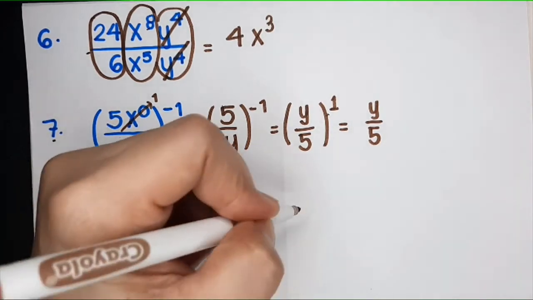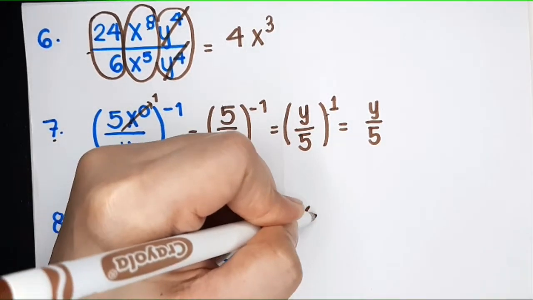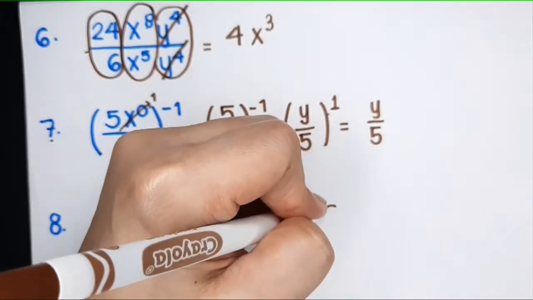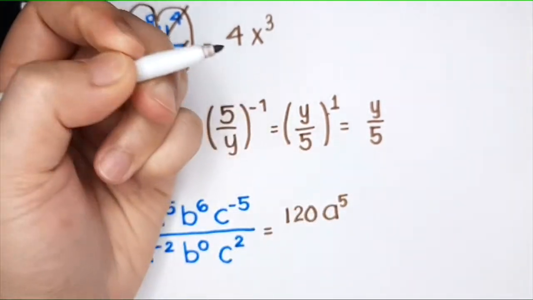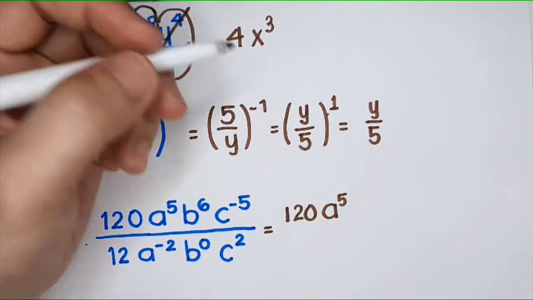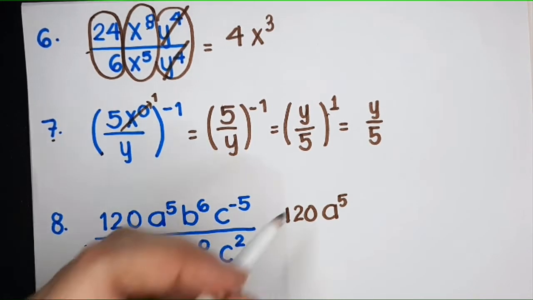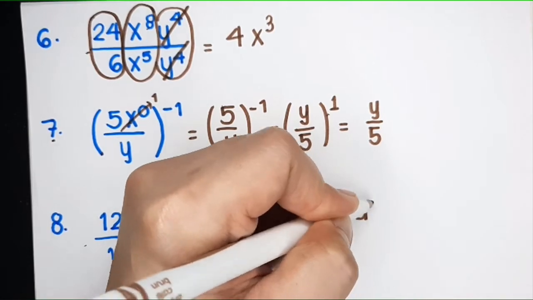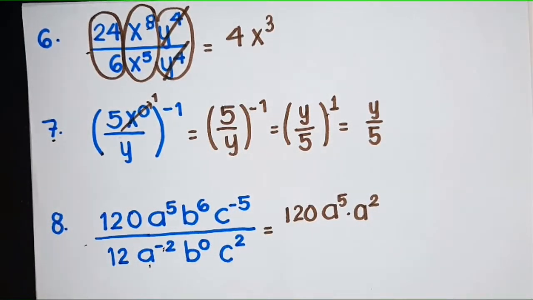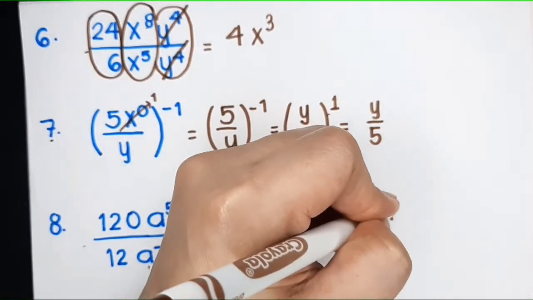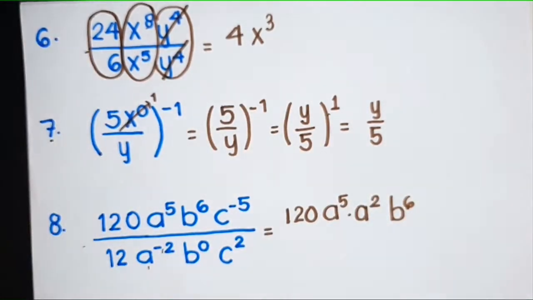Okay, so we have 120. Okay, so okay na dito ang a raised to 5. Okay? And then, you see the negative exponent of a here, right? So, paano to magiging positive exponent? Ilalagay ko siya sa taas. So, dito ko siya ilalagay. A squared, okay? And then, I have b raised to 6, okay?